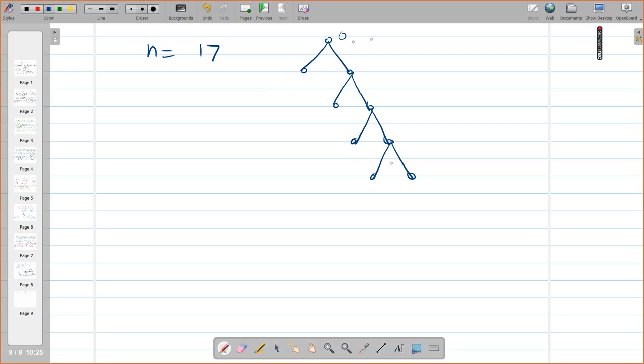So 1 plus 2, 3 plus 2, 5, 7, 9, 11, 13, 15, 17. Have you understood it, girls?